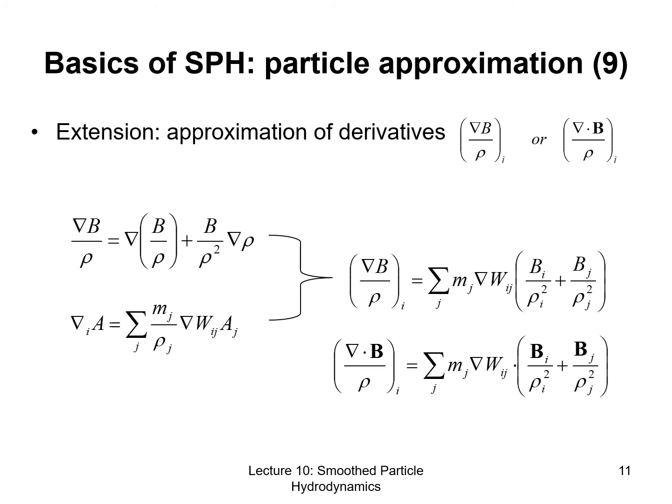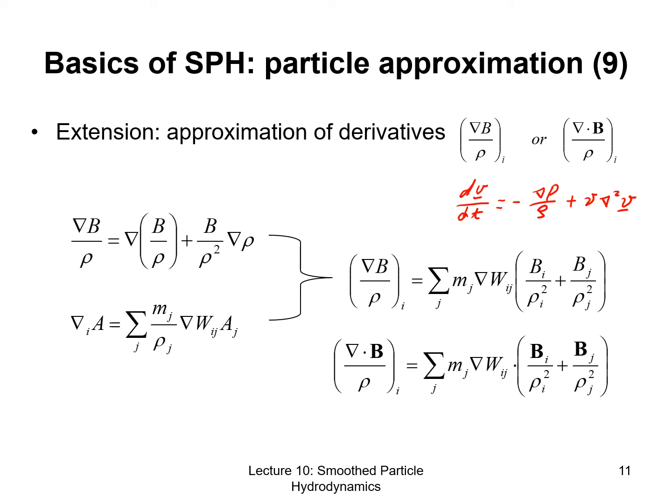In order to discretize the Navier-Stokes equation, we also need to approximate something like a divergence divided by density or a gradient divided by density. This is because we know the momentum conservation equation in a Lagrangian formulation would be equal to the gradient of P divided by density plus the viscous terms.